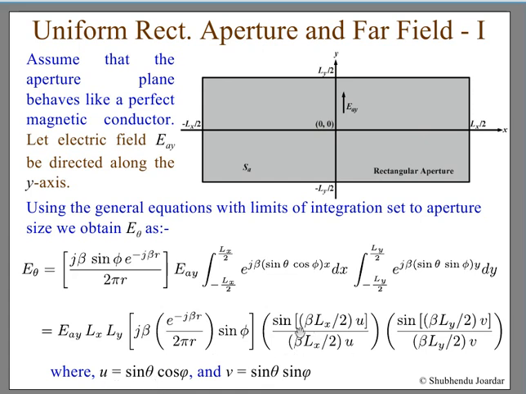And actually you can define these direction cosine components as u and v. If you remember the UVW coordinates I was talking about, they are related to your antenna aperture using this.